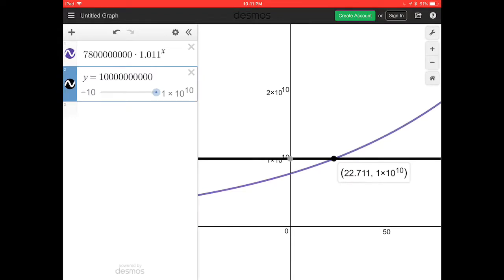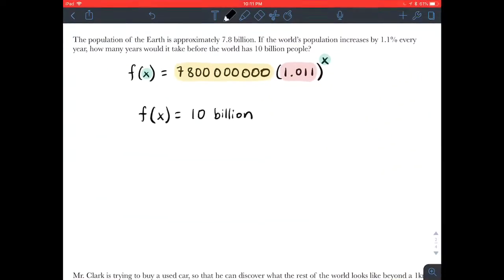What this tells us is that in 22.7 years from today, if current trends continue and the world's population increases by 1.1% every year, then the world's population will have grown from 7.8 billion to 10 billion human beings. So our answer would be approximately 22.7.